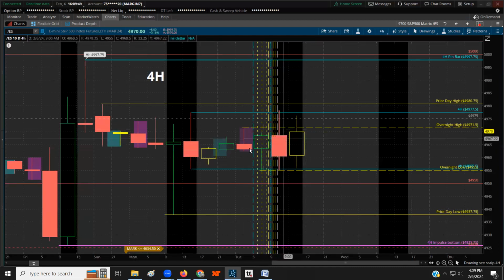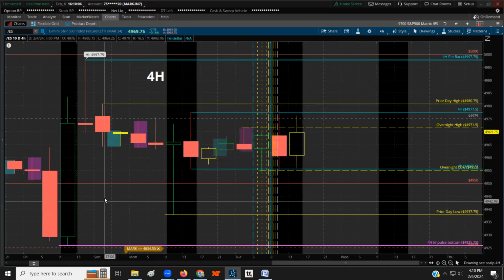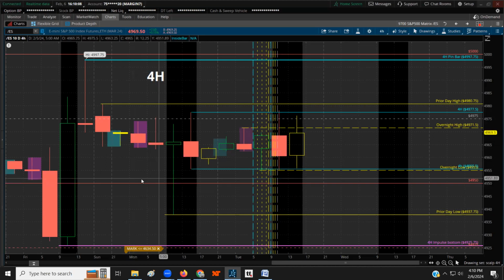And as I'm doing this, I'm also looking for big solid bodies or huge wicks, like bullish pin bars. There happened to be this one here, a pin bar, but also the prior day low. You can see these red horizontal lines, 49.50, 5,000.